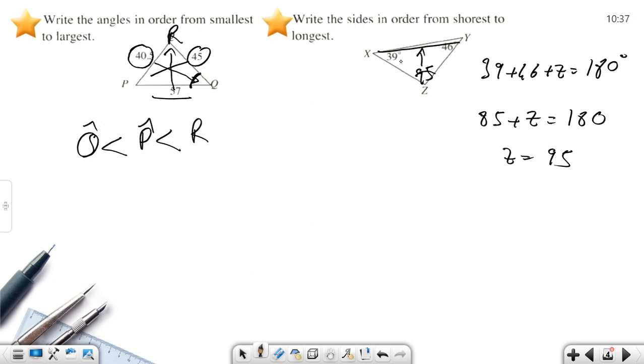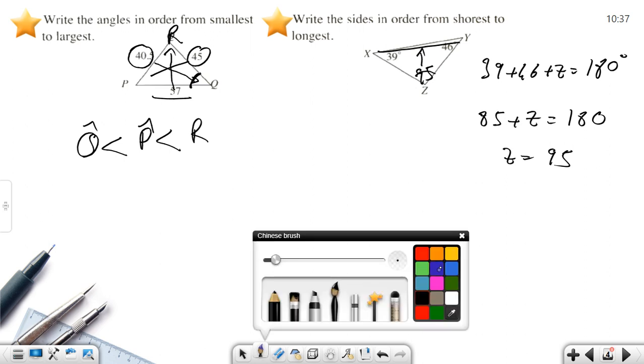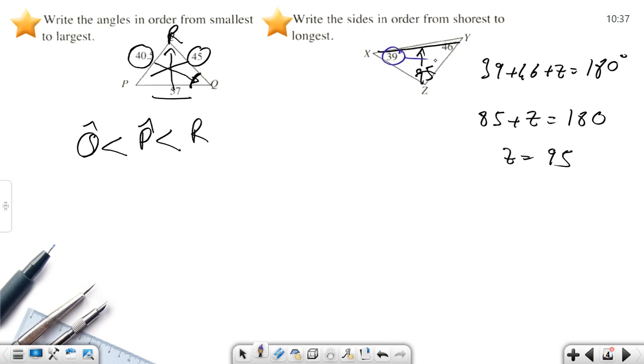But it's asking for the shortest. So 39. Let's use a blue color here. 39, and which side is that? The vertex is X, so that is YZ. After that, 46 has the Y, so XZ.